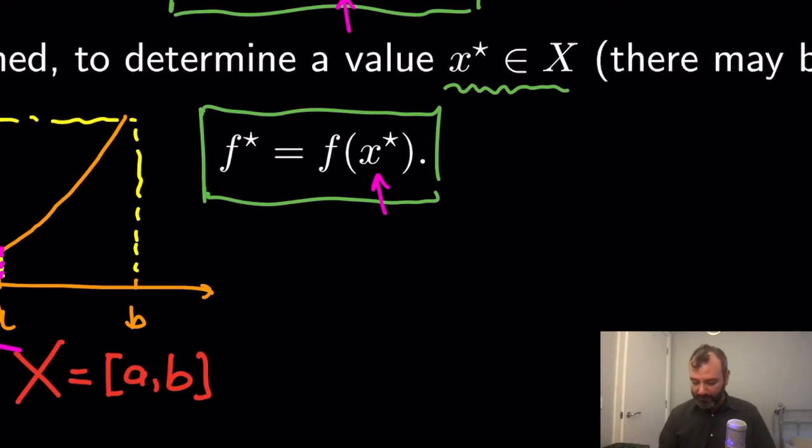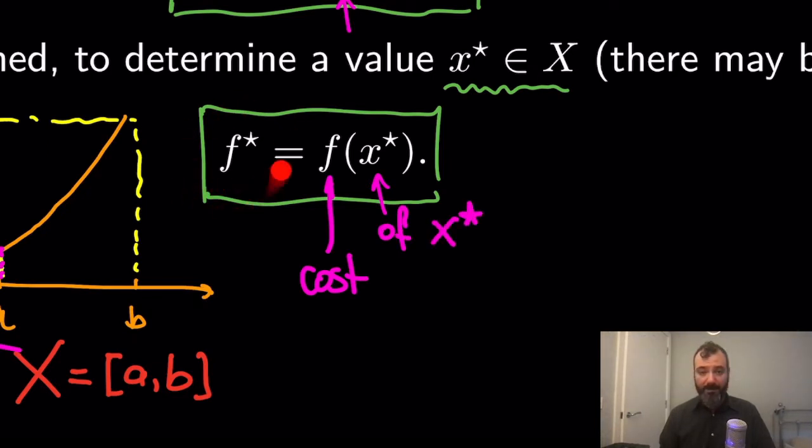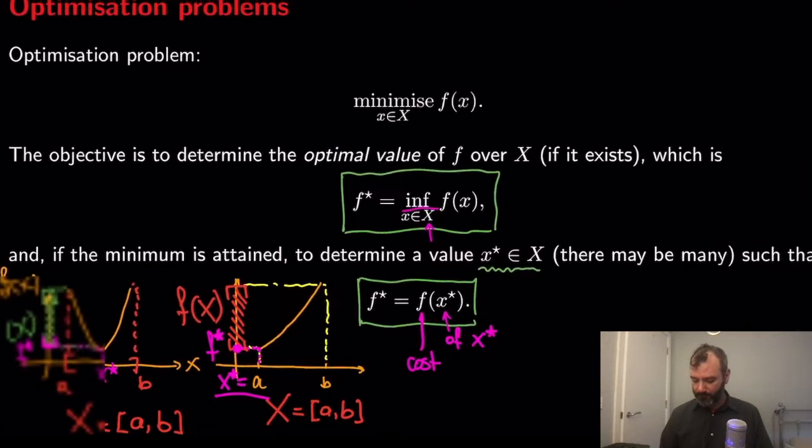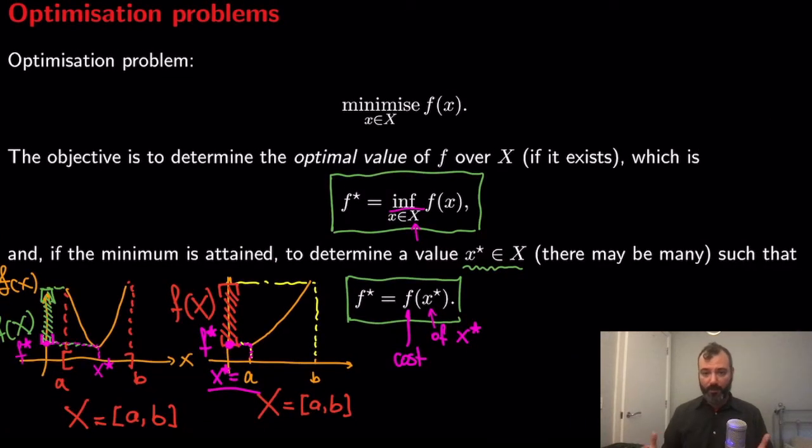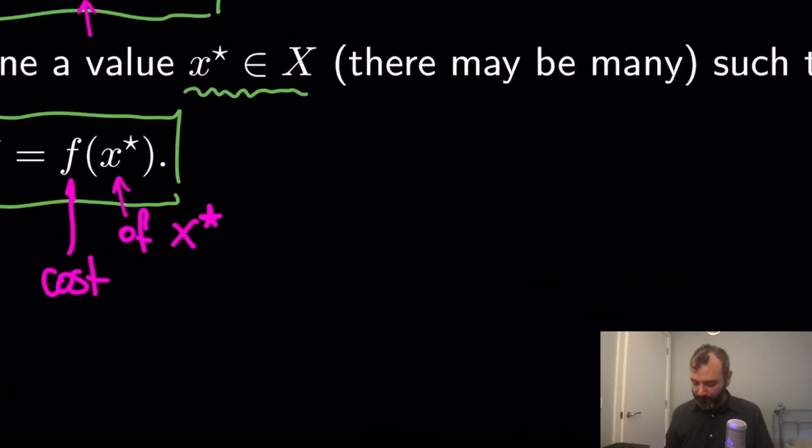So f of x star, the cost of x star, is equal to the best possible, the infimum of all possible costs. So this is what we mean when we say f star, infimum of costs, x star, best point.